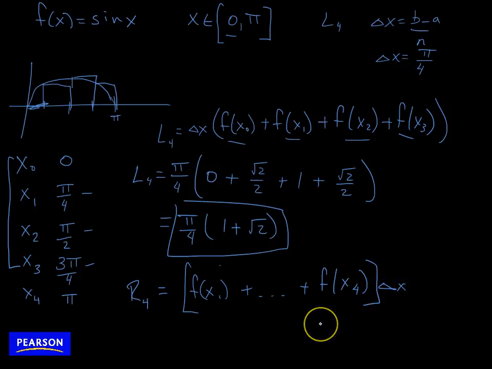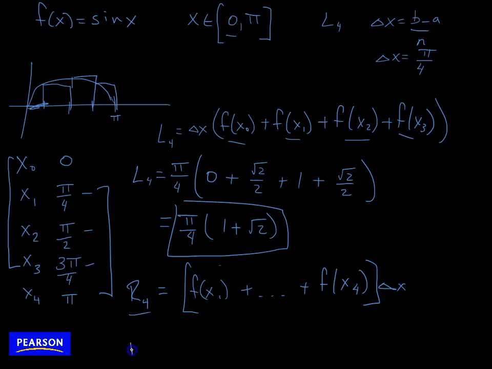And so that right approximation could give us something a little different. Actually, you'll find the symmetry in sine is that you get the same value, which is kind of cool. But either way, we can get the right approximation by doing the same thing, but using these right 4 values instead of the left 4 values to define the top.